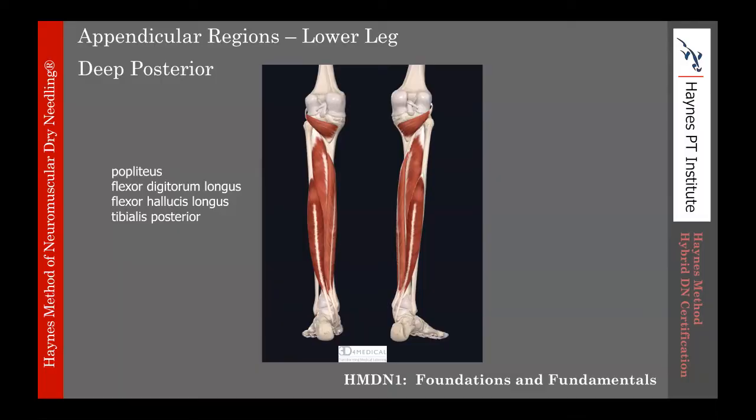And then finally, the deep posterior muscles here, the popliteus, flexor digitorum longus, flexor hallucis longus, and tibialis posterior. I like needling these muscles specifically for my first line of defense for plantar fascia. All of these muscles have tendons that travel medially and then insert on the base of the foot.